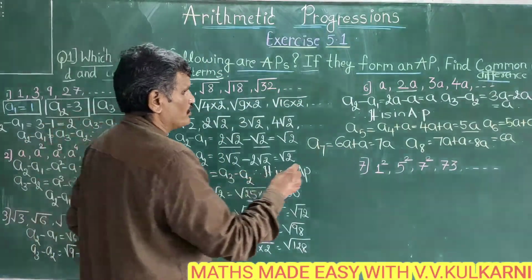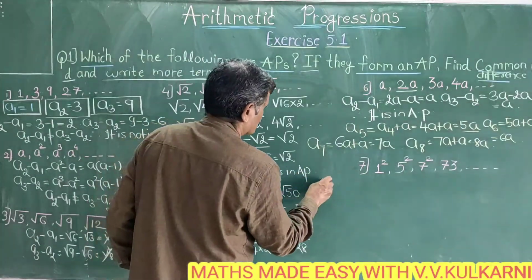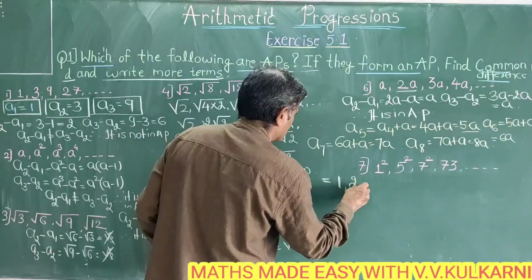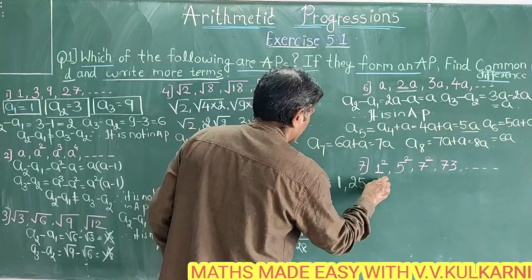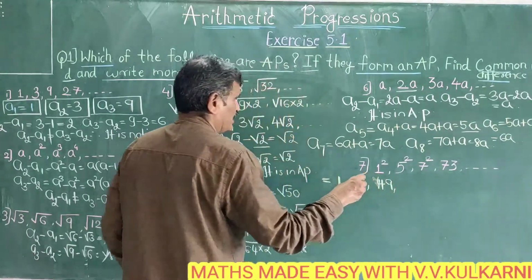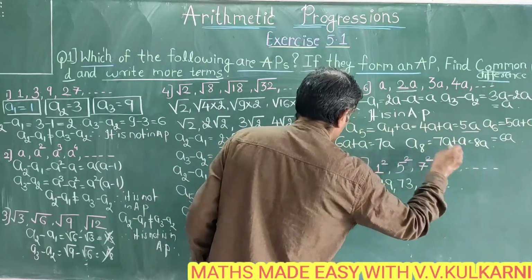Now here it is 1 square, 5 square, 7 square, and so on. 1 square is 1, 5 square is 25, 7 square is 49 and this is 73, so on and so forth.